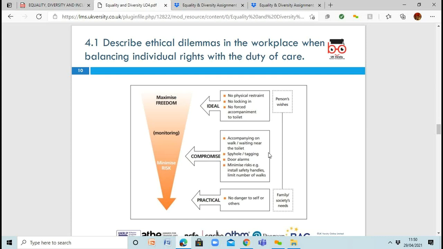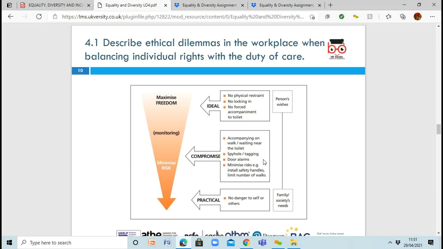As a compromise, you might have to accompany them on a walk or wait near the toilet. You might have a spy hole, or just make sure that someone's not harming themselves. You've got door alarms, so if somebody tries to walk out, you know that somebody has left the building and you're aware, and you can minimize the risks.